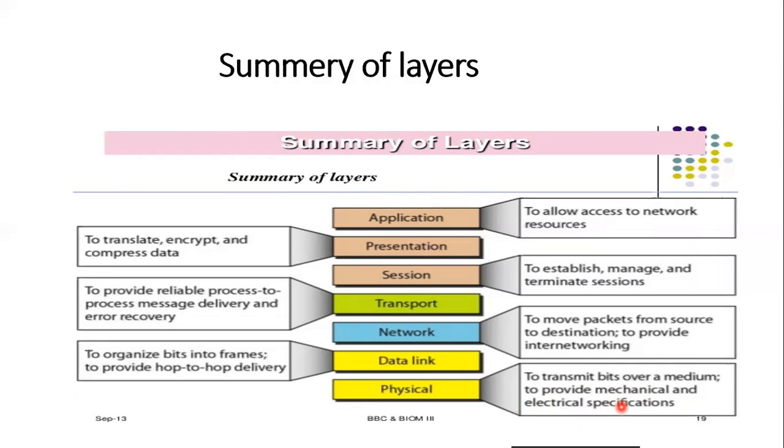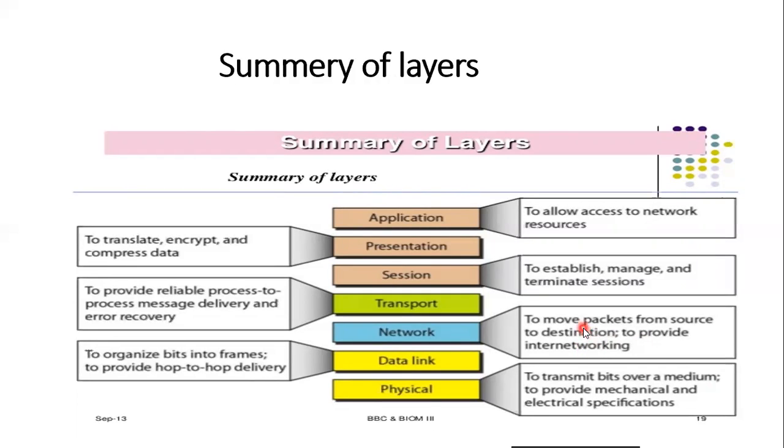The data are converted into waves, that is signals, and then transmitted over the physical link. Then the data link layer organizes the bits into frames. The message is converted into frames to provide machine-to-machine delivery. Then the network layer moves the packets from source to destination to provide internetworking.